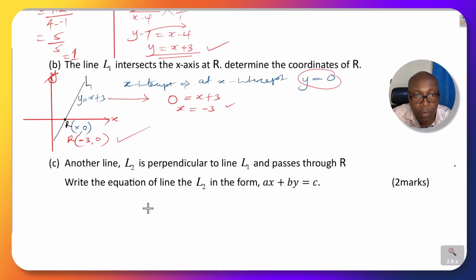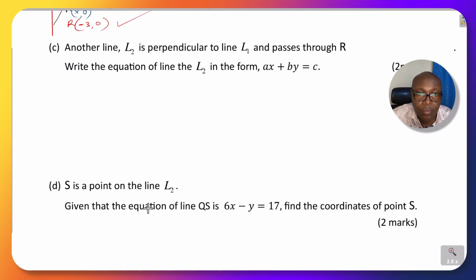We go to the next one, part C. Another line L2 is perpendicular to L1 and passes through R. Write the equation of L2 in the form ax + by = c. So I have another line L2 and it is perpendicular to L1.